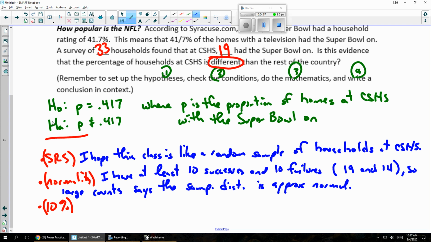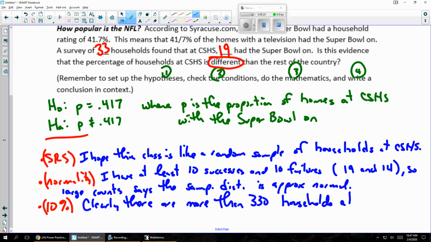And the third thing is the 10% rule. So I need the 33 households I sampled to be less than 10% of the houses at this school. Clearly, there's more than 330 households at this school. And so I'm going to write it exactly like that. Clearly, there are more than 330 households at CSHS.